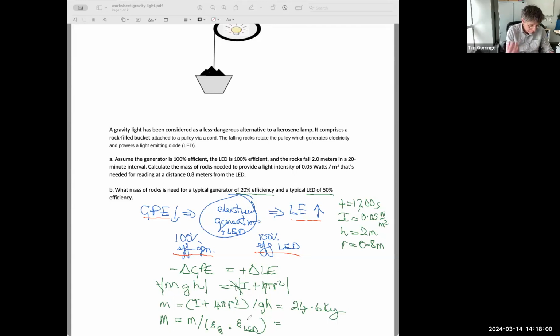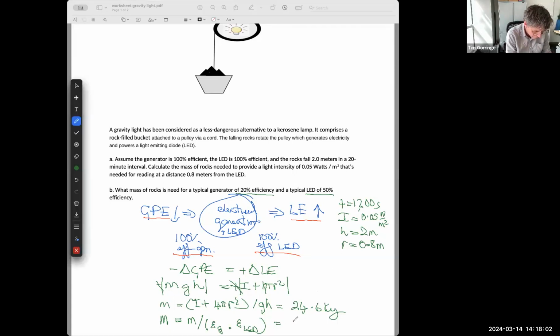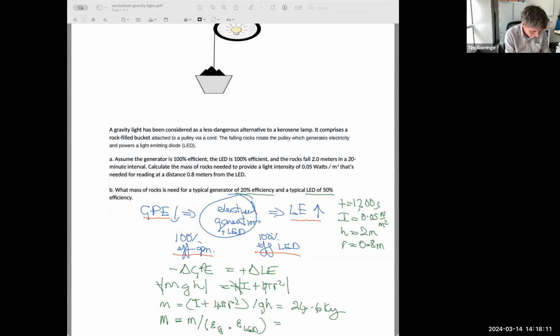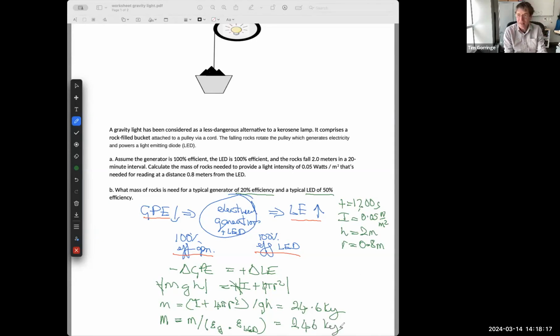So we are down to 10%. And so I don't need to write out the numbers here. The mass with the perfect generator and the perfect LED, which was 24.6 kilograms, is now going to be 246 kilograms, 10 times heavier.